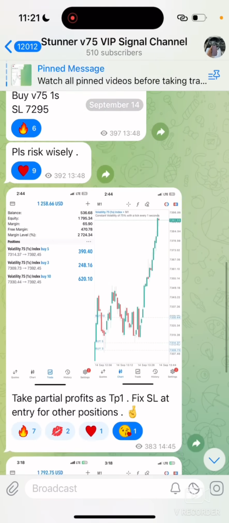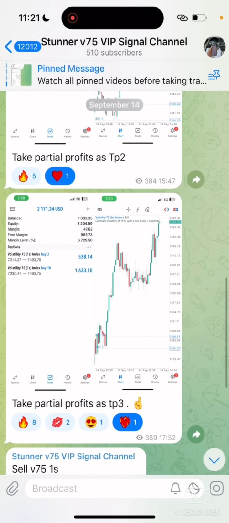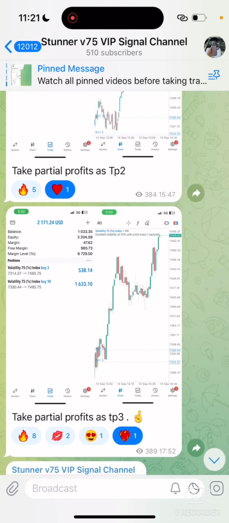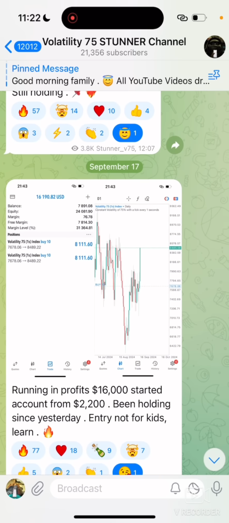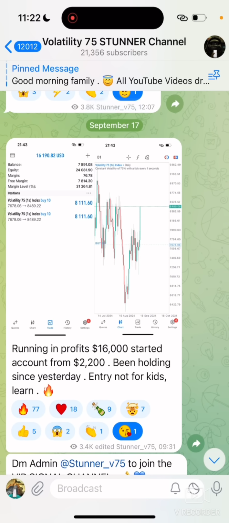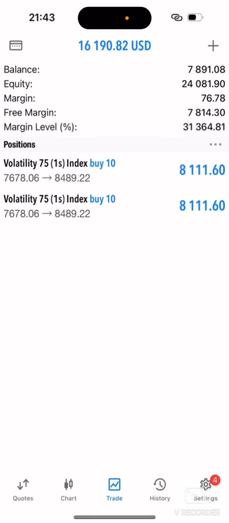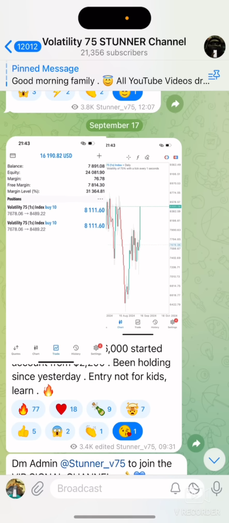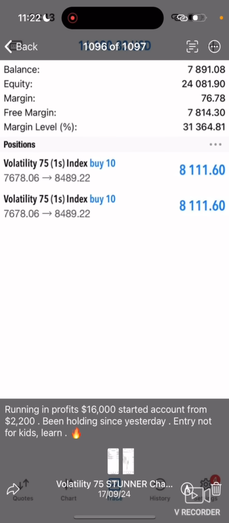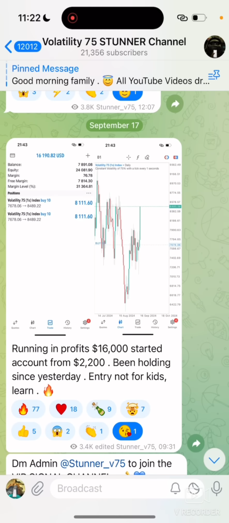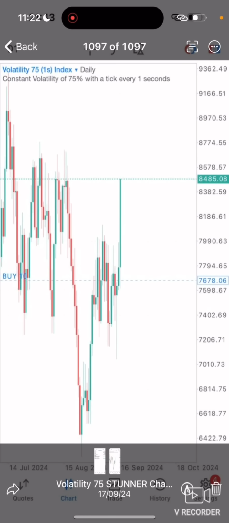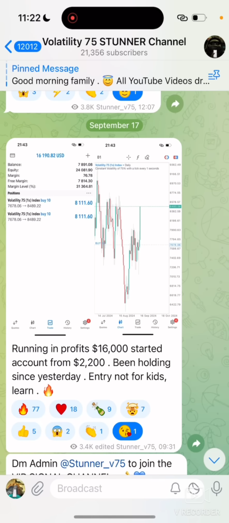I left, I think, $2,200 on my MT5 account, and then I grew the $2,200 to over $24,000. It was running a profit of $16,000. I took partial profit, and that's why you see I have $7,800 as my balance. You can see my equity is $24,000, and that's my entry right there.